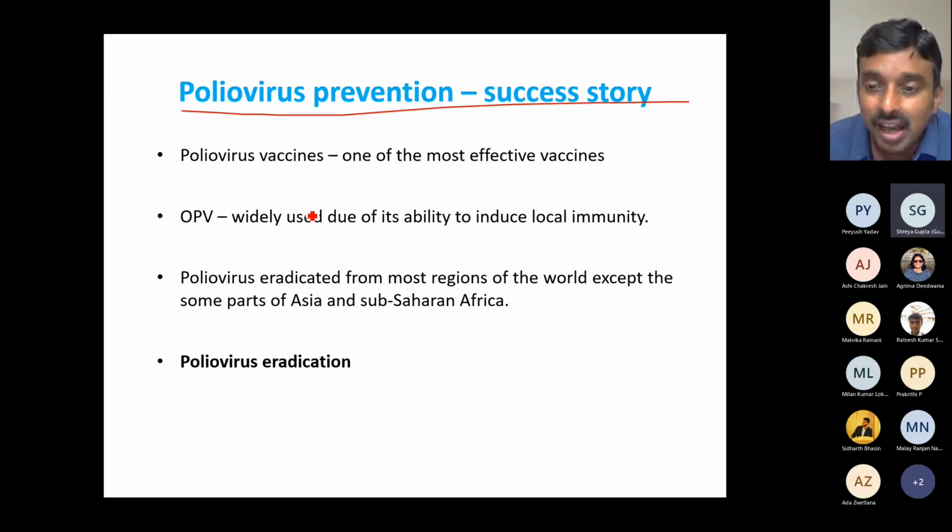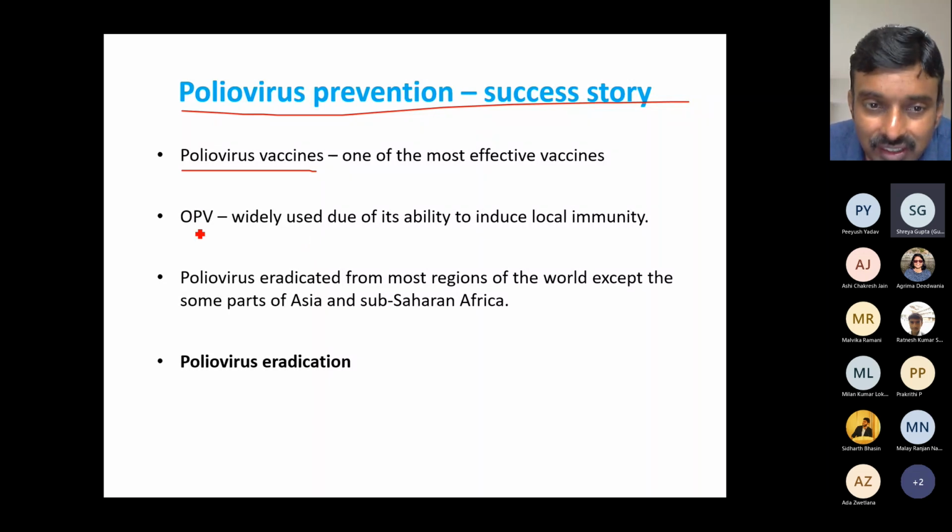How have we as humans been able to eliminate poliovirus from most parts of the world? It's because of several reasons. We had two fantastic vaccines, with very good efficacy, 95% plus, which means maximum only five out of 100 people will not respond well.